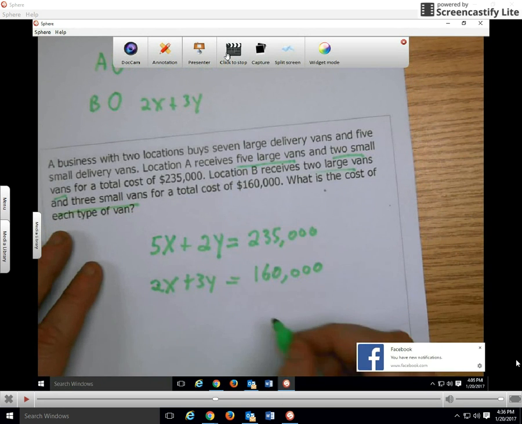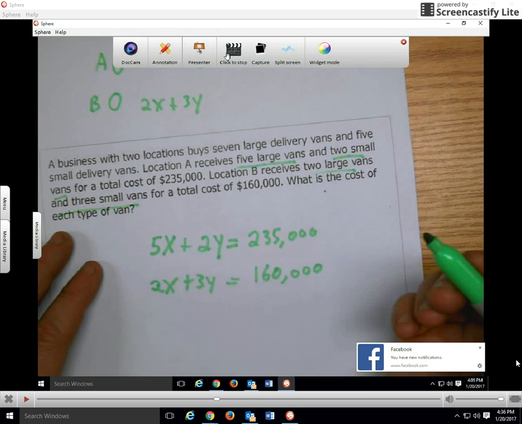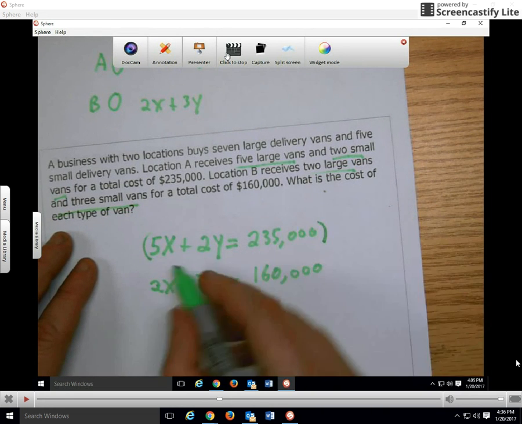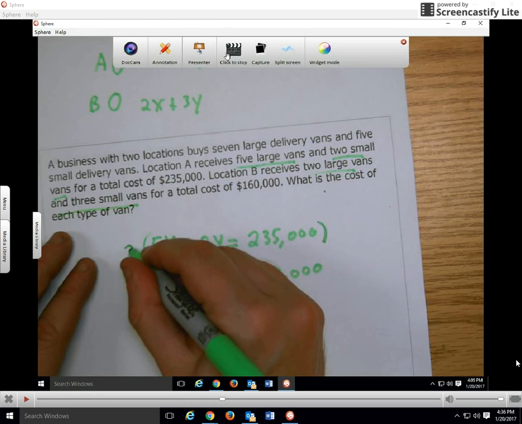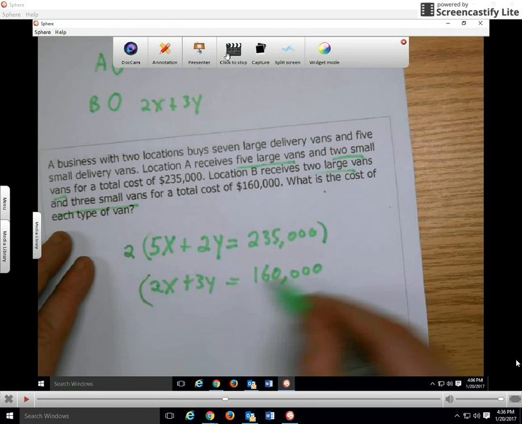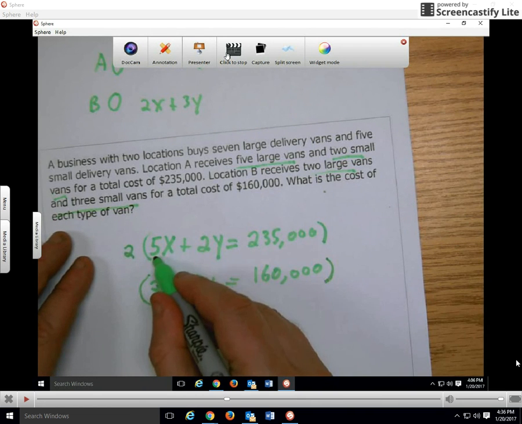Let me show you what I mean. Let's get rid of the x's this time. It doesn't matter, but I'll just choose the x's. So I'm going to multiply this whole thing by 2 because you see how there's a 2 there? And I'm going to multiply this whole thing by a 5 because there's a 5 here.